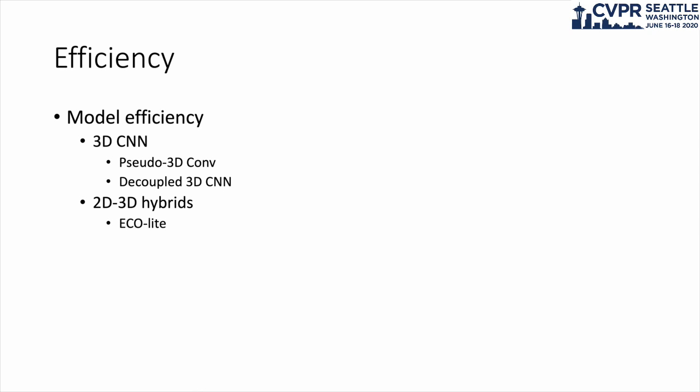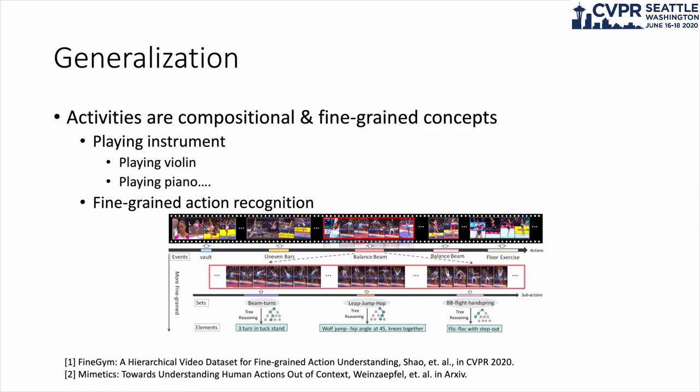On the other hand, we need to push the generalization ability of video models, because human activities are compositional and fine-grained concepts. You can have a lot of activities of playing instruments. Each of them, like playing violin, playing piano, playing flute, is different only by the instrument they use.